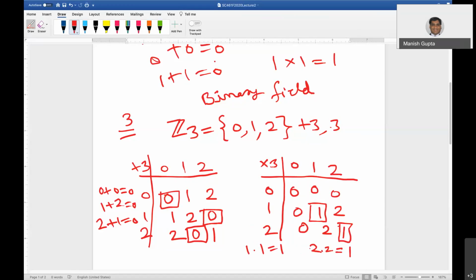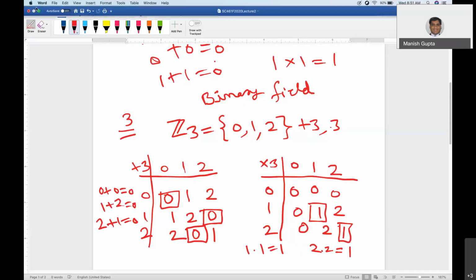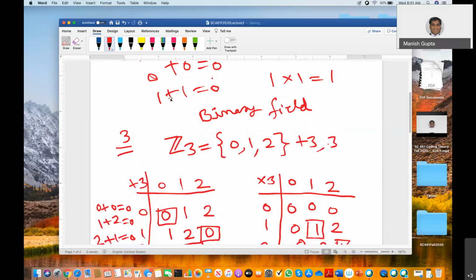Any question at this point? No, sir. Okay. So you are able to understand the field with two elements and the field with three elements.